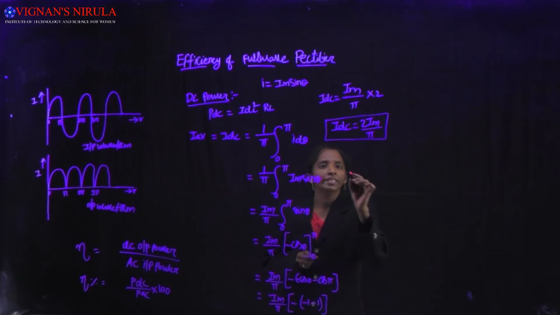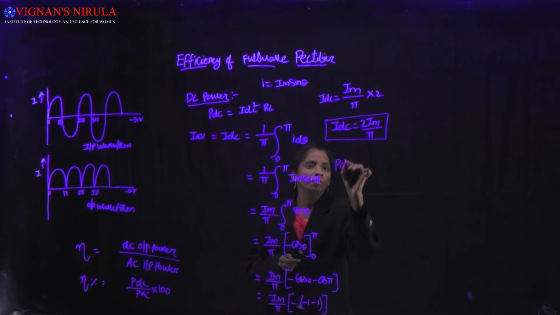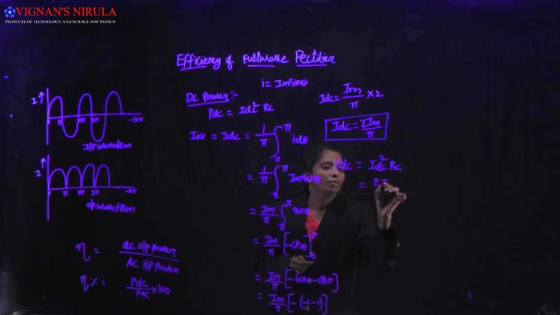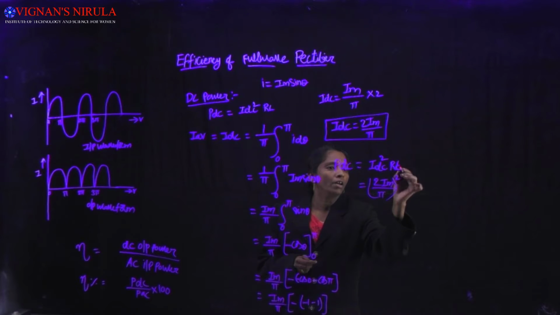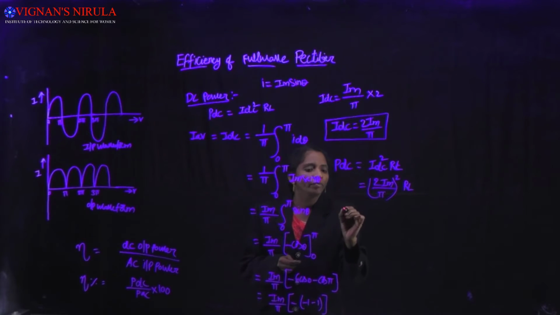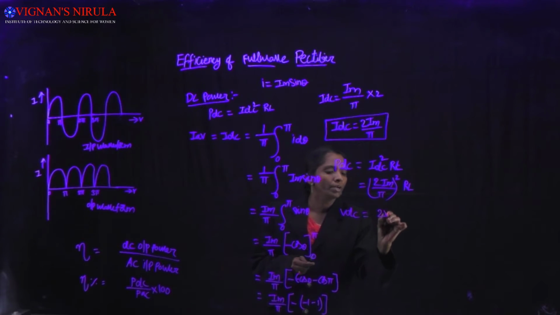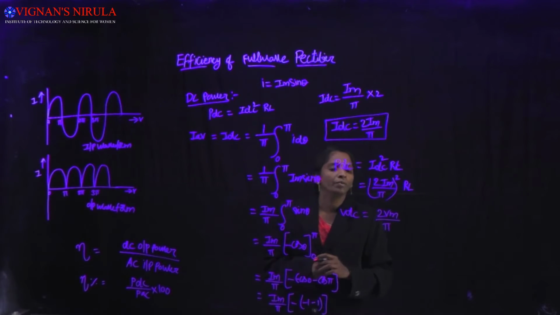Now PDC equal to IDC square into RL. IDC is 2 Im by pi, whole square, into RL. From this we can also write VDC equal to 2 Vm by pi.